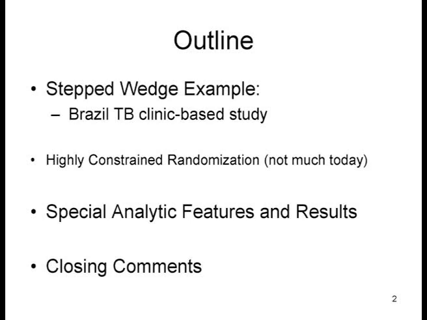I have about 10 slides on the randomization of it, but I'm going to go through that very quickly because I know this is being made available on the website later. So when I breeze through that, you can always find more if you want. And mainly I'll spend time on a lot of the interpretation of the results and how we think about the data in this particular type of a trial.